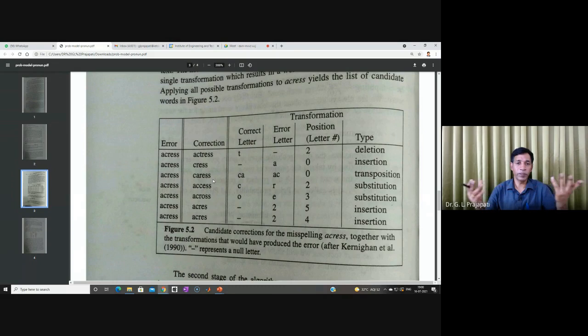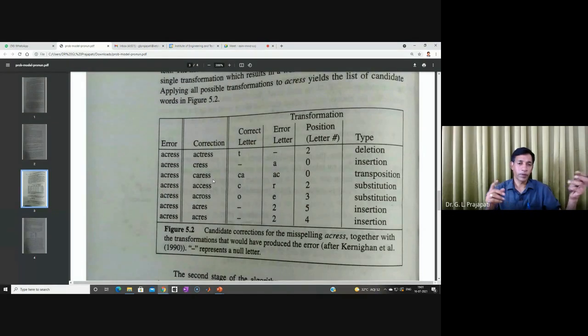Actress is one of the words, so what is the frequency of this actress in the 40 million words? On the basis of that you can compute the probability.